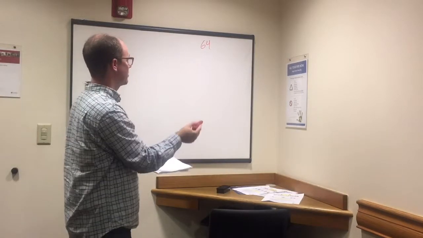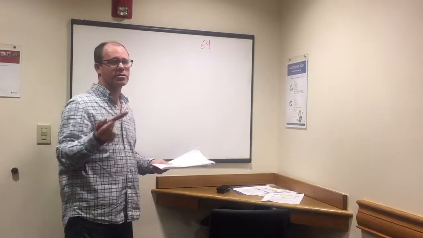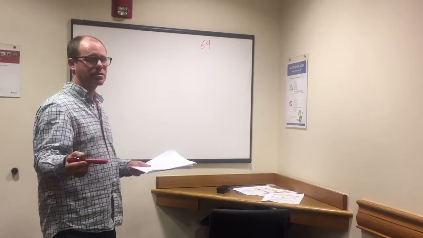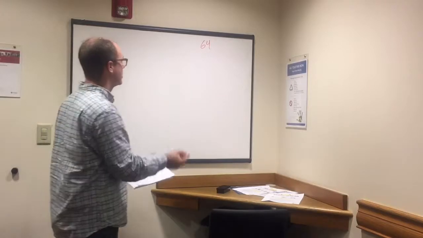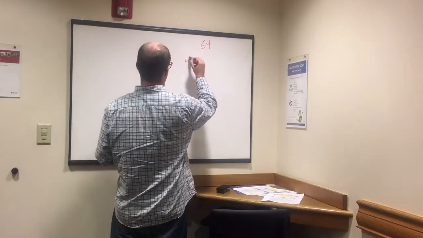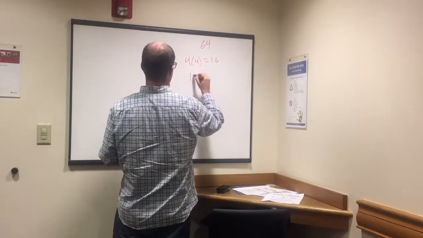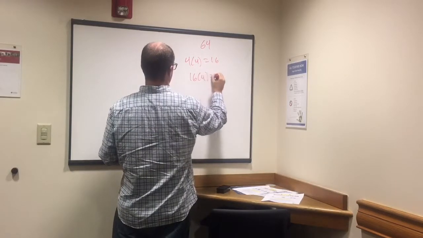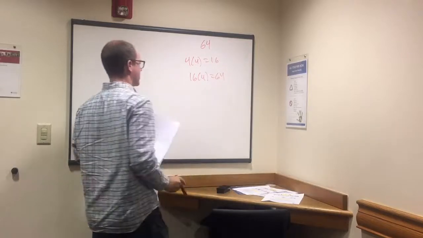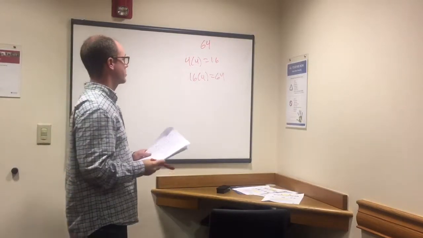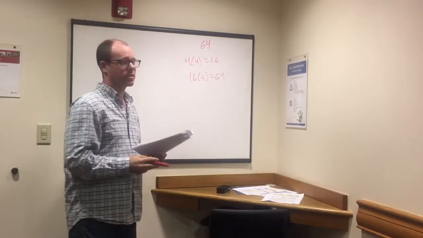We just did 27 and found that the cube root of 27 was 3, because 3 times 3 is 9, and 9 times 3 is 27. On this one, let's see what happens with 4s. 4 times 4 is 16. 16 times 4, what do you know, 64. So the cube root of 64 is 4.